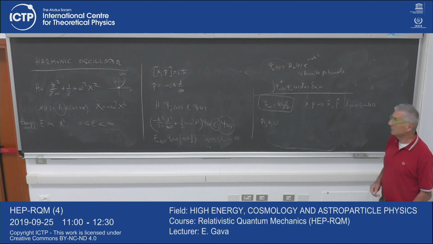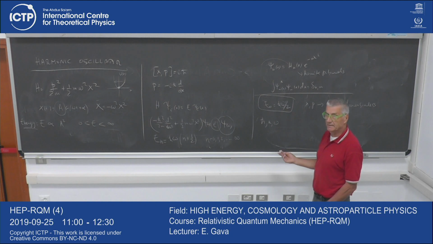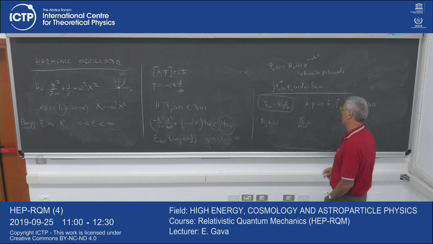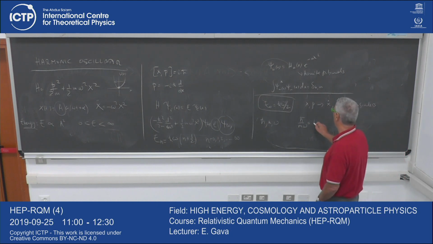With them we can construct a length and a momentum, by combining them. For example, h bar over m omega. This is a length squared, right?